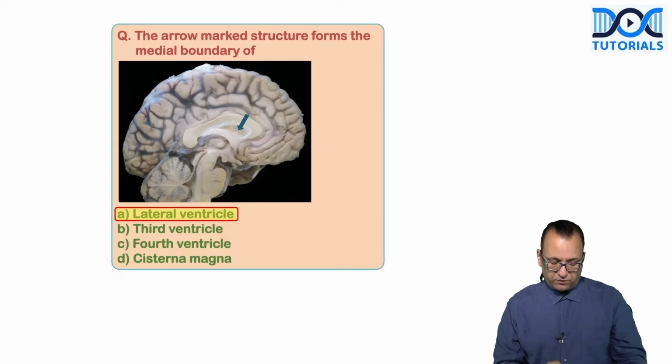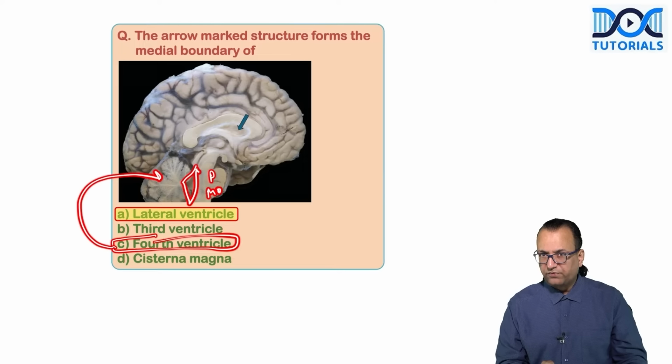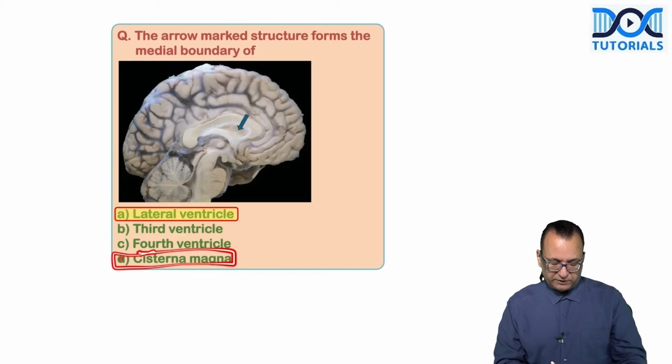And if you are talking about the fourth ventricle, we have already shown it here. This is the fourth ventricle, related to the pons and upper medulla oblongata anteriorly as the floor of the fourth ventricle, and the cerebellum posteriorly as the roof. The cisterna magna is basically the cerebellomedullary area posteriorly between the cerebellum and the medulla oblongata, containing CSF again.